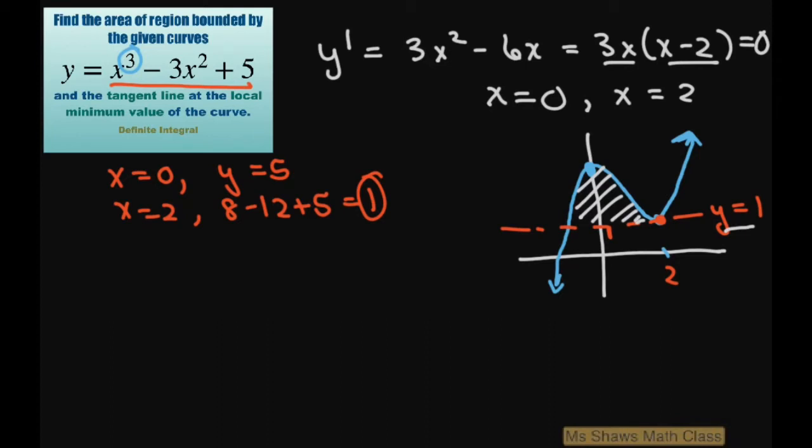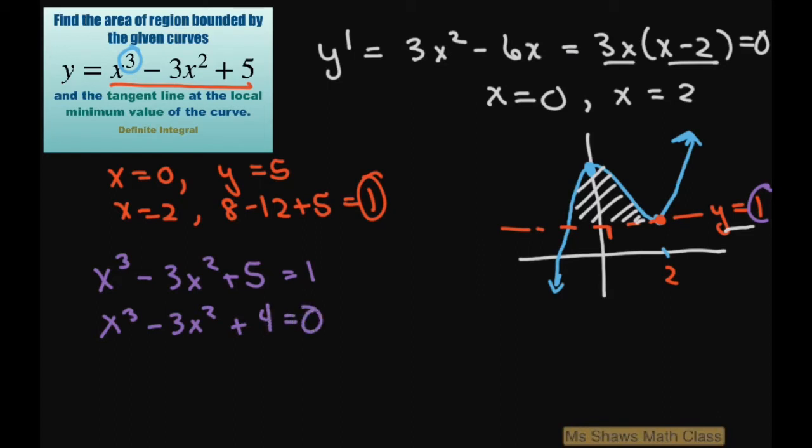And now we can write our boundaries. Looking at this, x cubed minus 3x squared plus 5 is going to equal your y, which is 1. So that gives you x cubed minus 3x squared plus 4 equals 0.